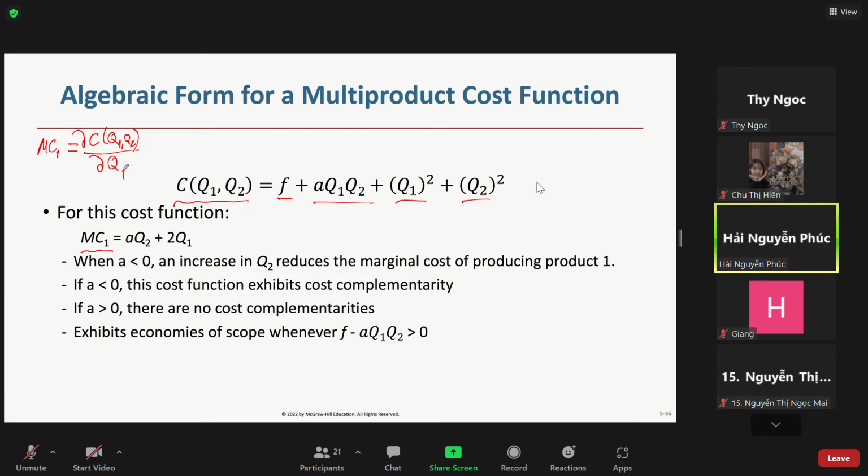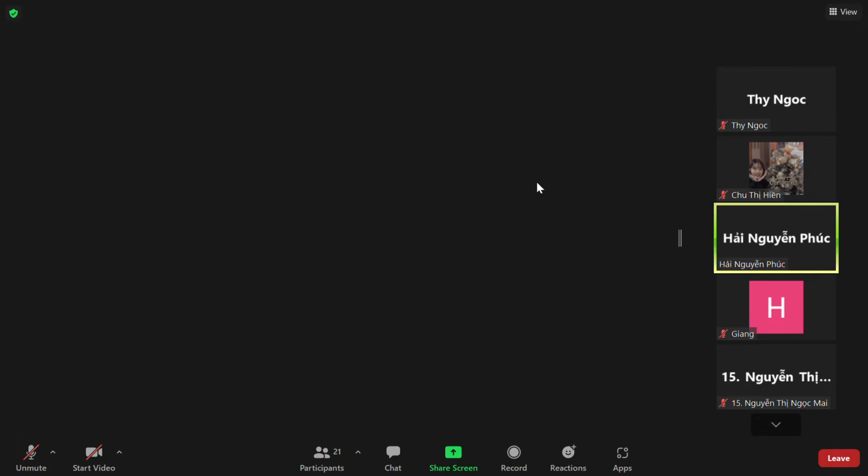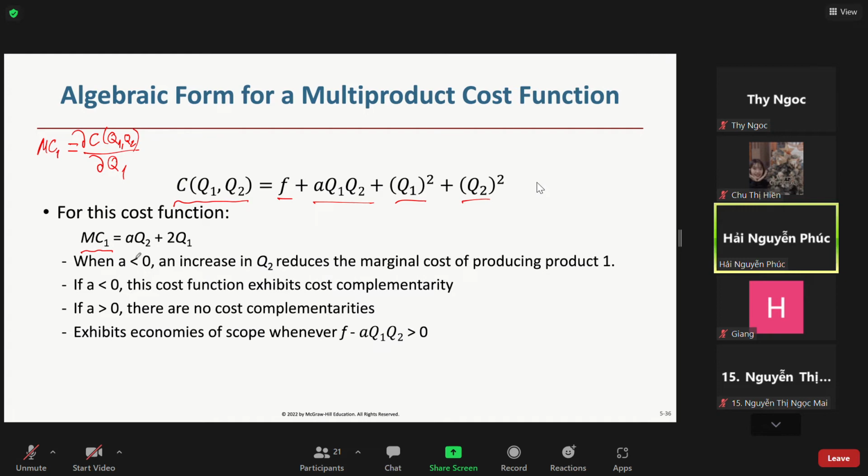All right, so you can see that MC1 would be equal to A Q2 plus 2 Q1. And similarly, if we want to find out the marginal cost of the second good, good 2, it is the derivative of C(Q1, Q2) with respect to Q2.